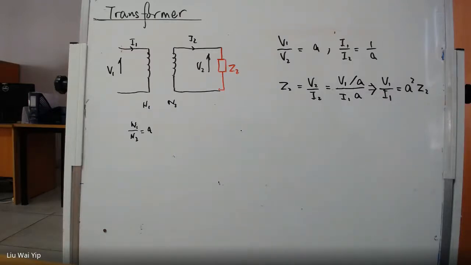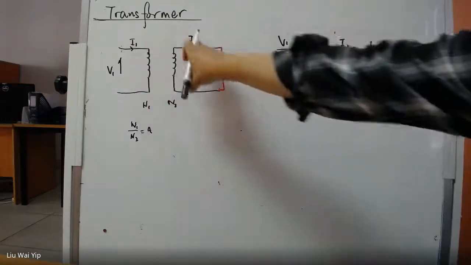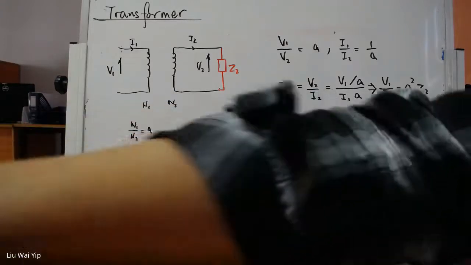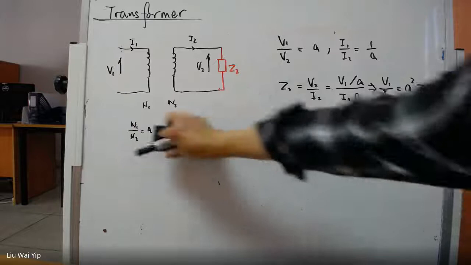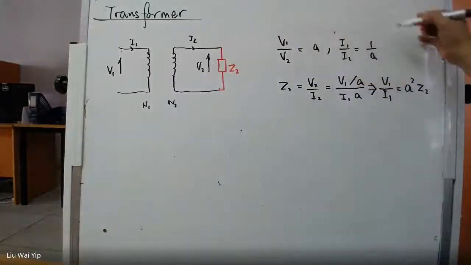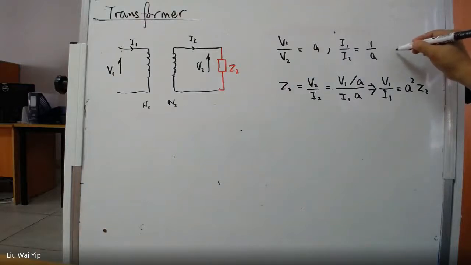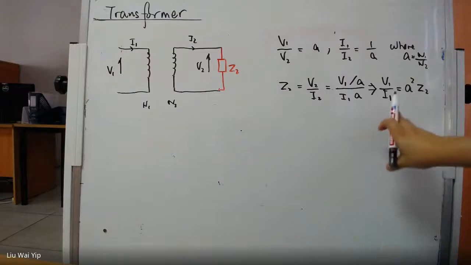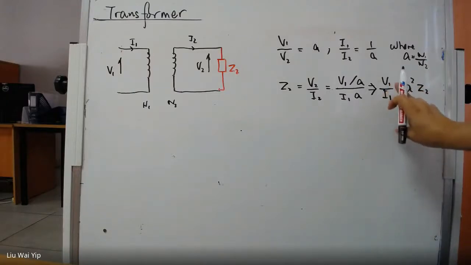So in other words, if you are given a transformer like this, you don't really need to write this much. Right now, you have the relations of V1 and I1.